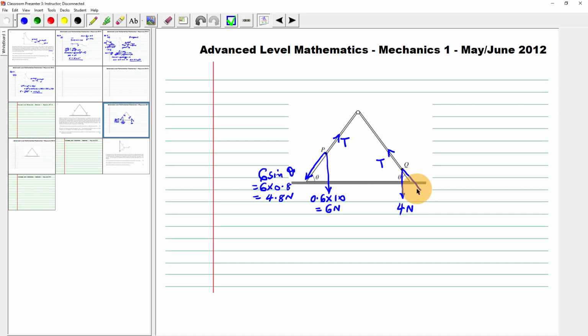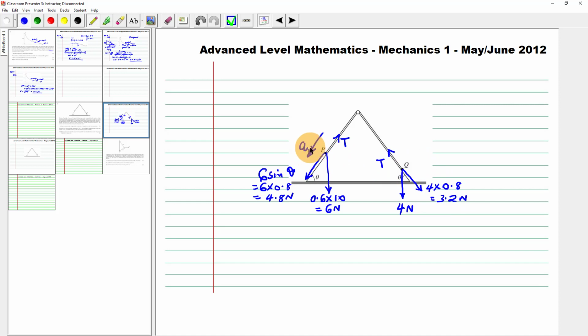The component of the weight of Q down the incline will be 4 times sine theta, which will be 0.8, and this one will be equal to 3.2 newtons. And since this component of 4.8 is greater than this component, the acceleration is definitely going to be in this direction, this way.